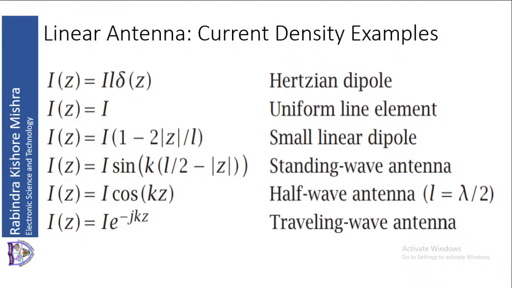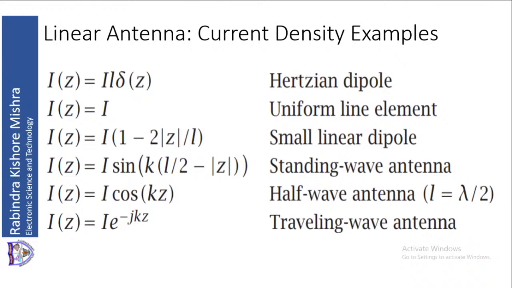So Iz will be 0 if Z is equal to plus or minus L by 2. In between it will vary. When Z is equal to 0, it is sin k L by 2. Now k is equal to 2 pi by lambda. So this will be sin of 2 pi by lambda into L by 2, or sin L pi by lambda. So Iz is equal to I sin L pi by lambda when Z is equal to 0.